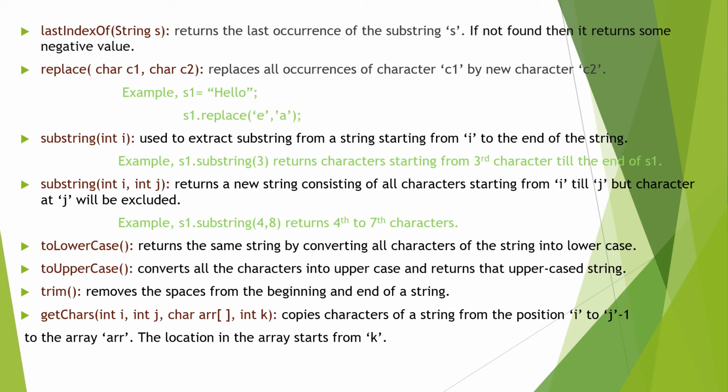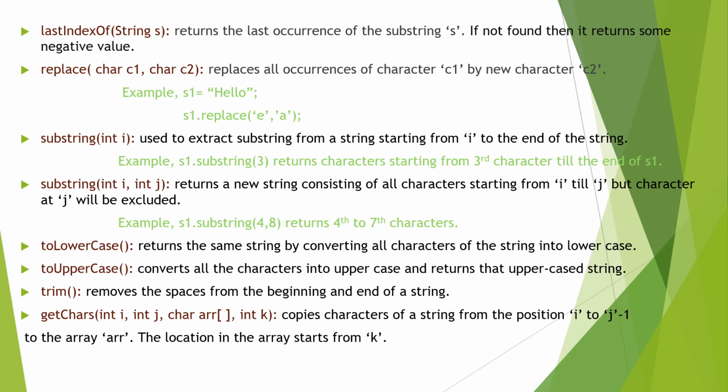Next, substring(int i). It is used to extract a substring from a string starting from i to the end of the string. For example, s1.substring(3) returns characters starting from the third character till the end of s1. Next is substring(int i, int j).